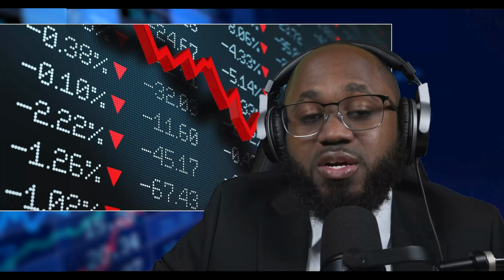Positive and growing FCF indicates the company can fund growth, pay dividends, or buy back shares without taking on excessive debt. Also take into account the debt to equity ratio, which measures financial leverage and risk. Lower ratios generally indicate less risk, but context by industry is very important.